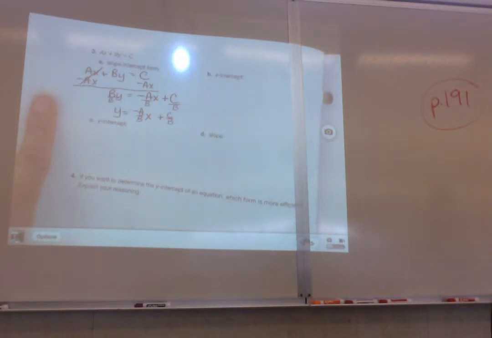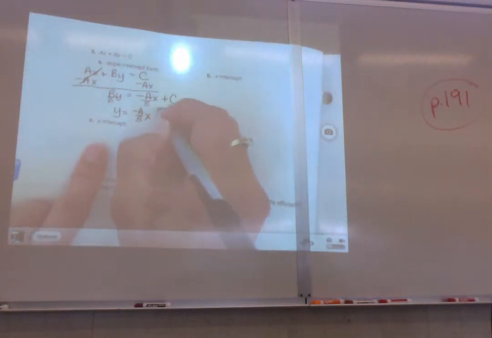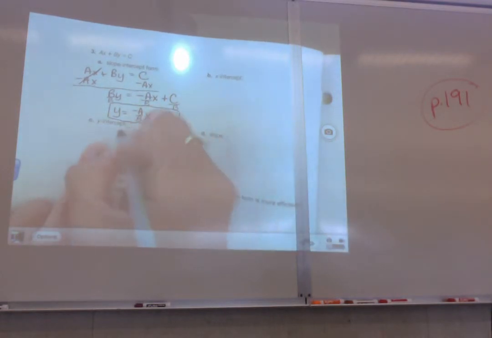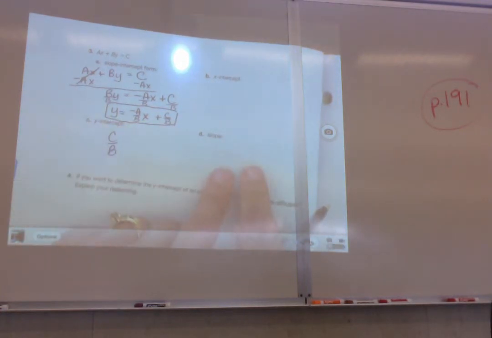One thing doing this does do, thank you, Alden, is it makes it easy to answer these two questions. Imogen, what's going to be the y-intercept based on this form? C over b. And slope.